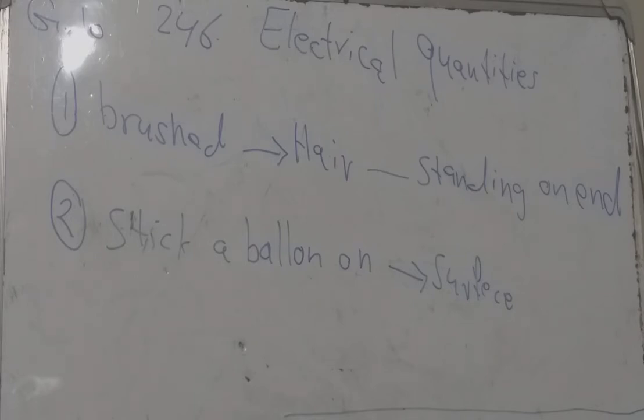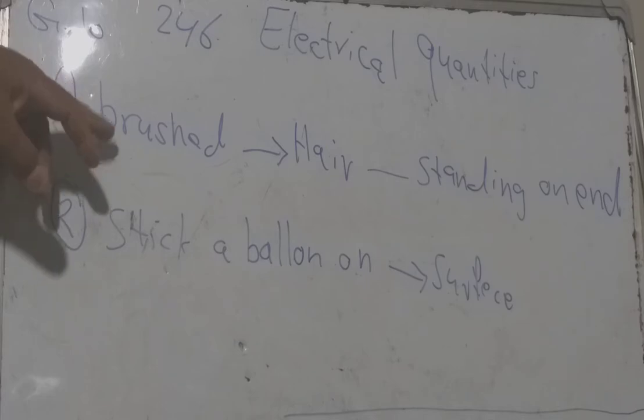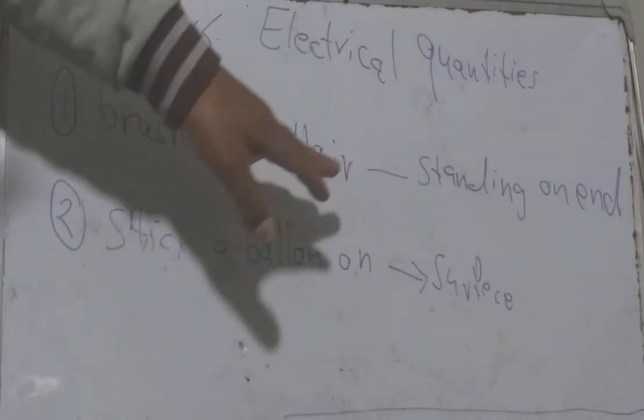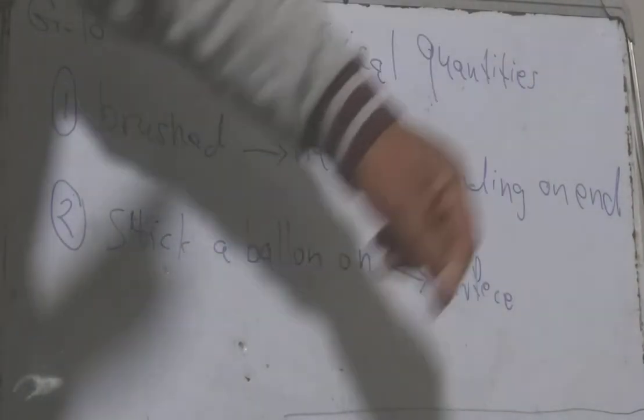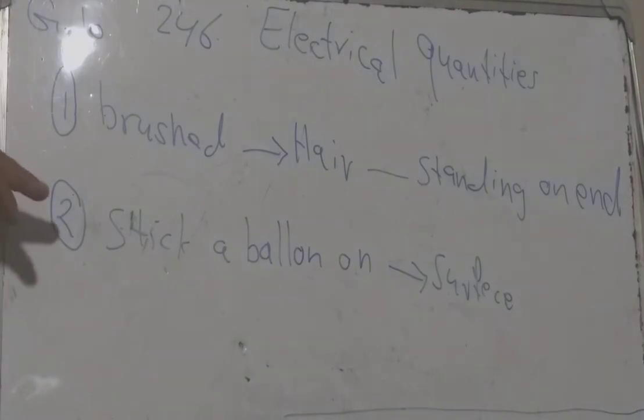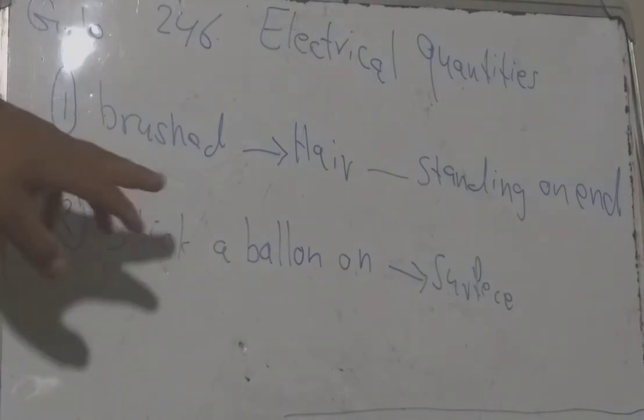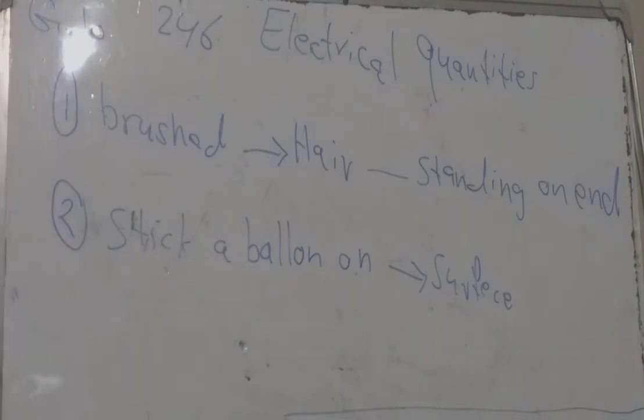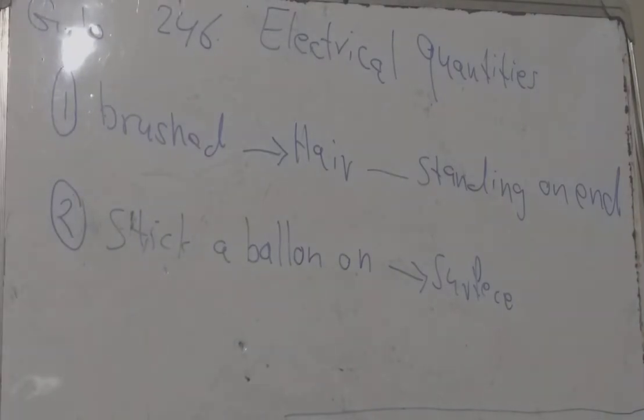We are going to explain them by physics. This section explores how and why these things happen: why, when you brush your hair, some individual hairs stand on end, and how you can stick a balloon on a surface without any glue.